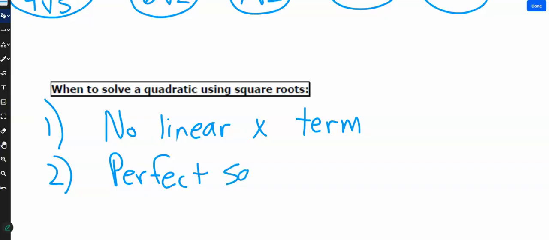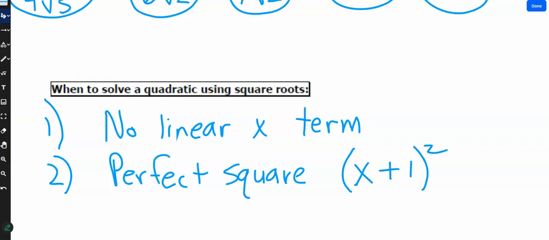What do I mean by that? Something like x plus 1 quantity squared. If you've got no linear x term, or you have a perfect square, then it's time to use the square root method. Let's take a look at some examples.